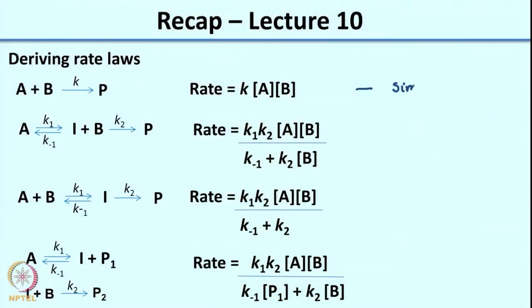So, now what you would see here is the first example is a simple rate law that you get from an elementary reaction, whereas these are more complex.